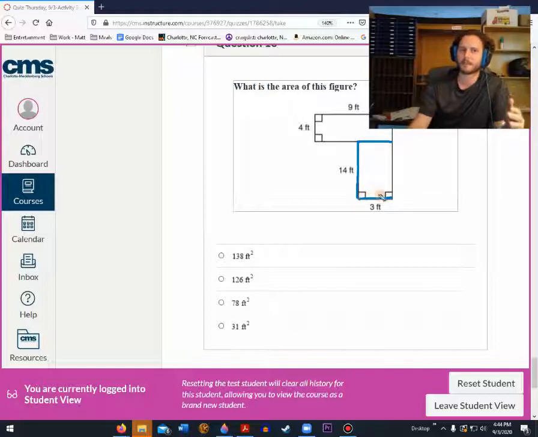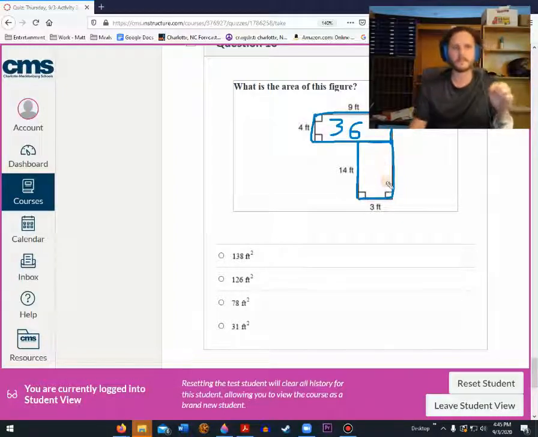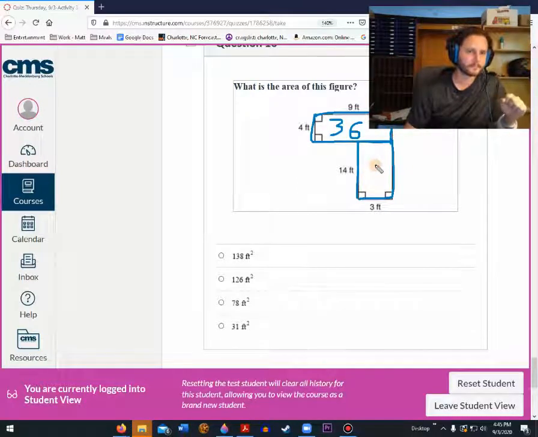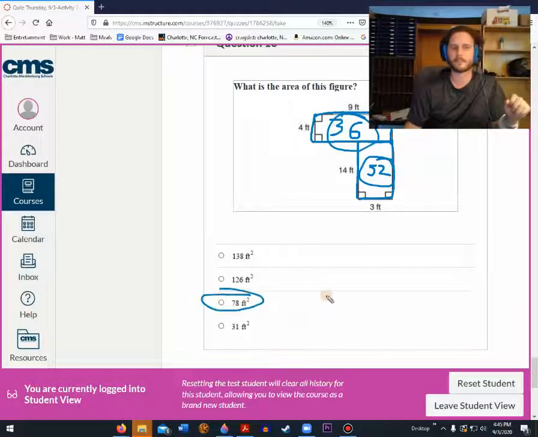That is going to be 3 by 14, and it tells you this top one is going to be 9 by 4. 9 by 4 up top is going to give you an area of 36, and the one down below is going to give you an area of 52. 52 plus 36, 78 feet squared.